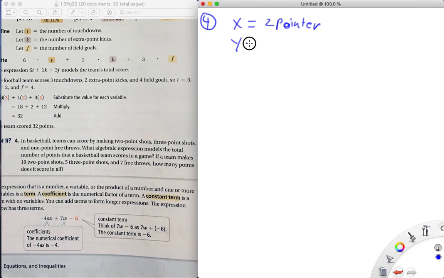We have a Y for a 3-pointer. And let's say Z is for 1 free throw, and the free throw is worth 1 point. So let's say 1 free throw.